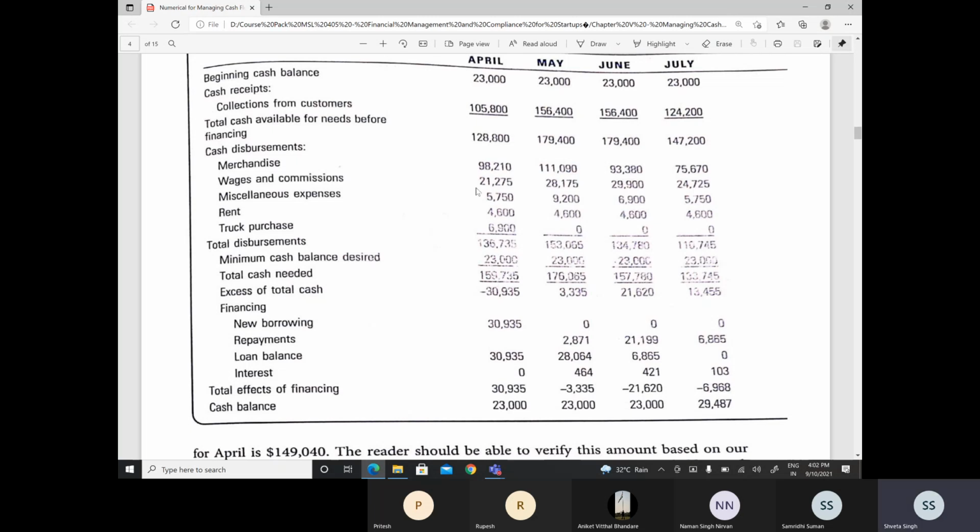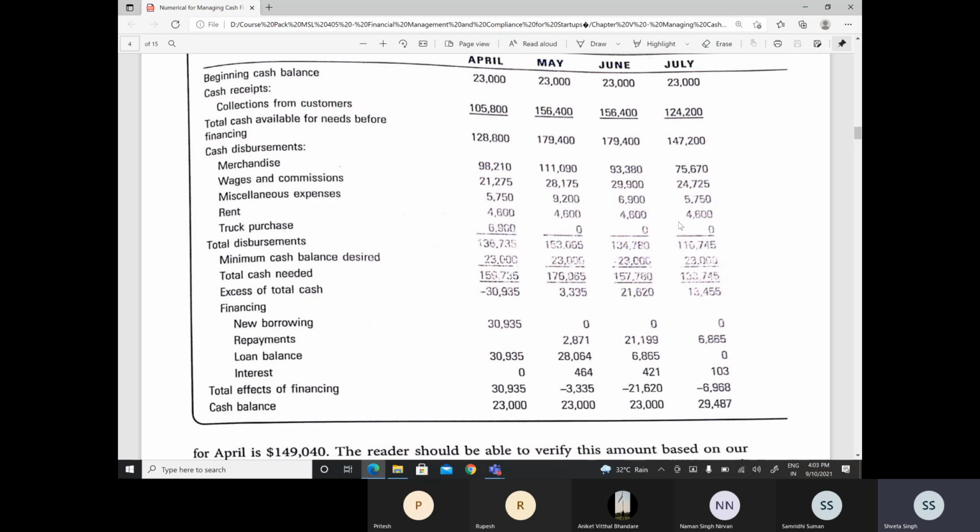So wages are 21,275 in April, 28,175 in May, 29,900 in June, and 24,725 in July. The miscellaneous expenses are 5,750 in April, 9,200 in May, 6,900 in June, and 5,750 in July. Now the company is also paying rent, which is a constant 4,600 per month.